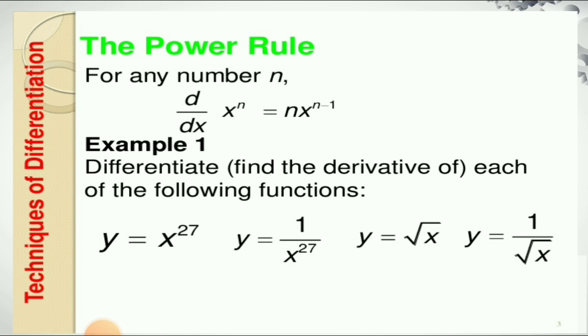So the power rule: for any number n, d over dx of x raised to the power of n is equal to n times x raised to the power of n minus 1.